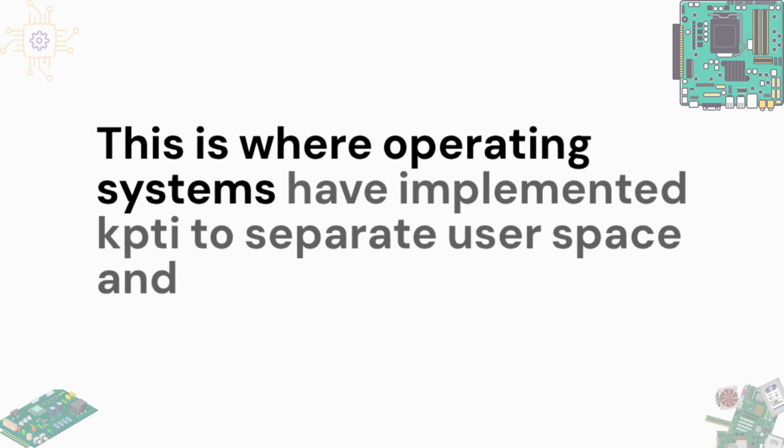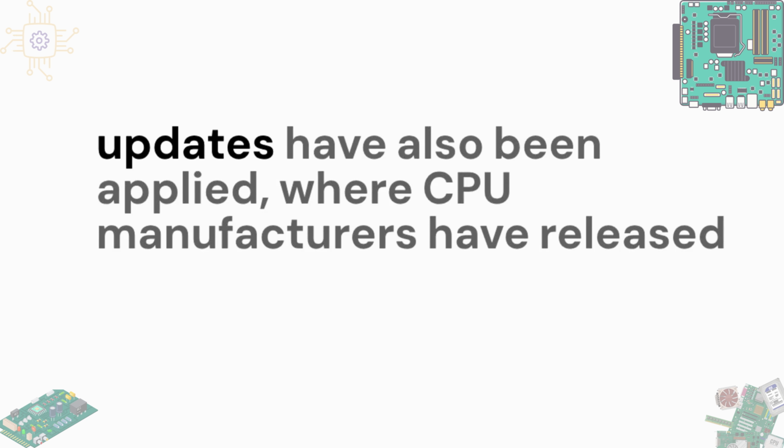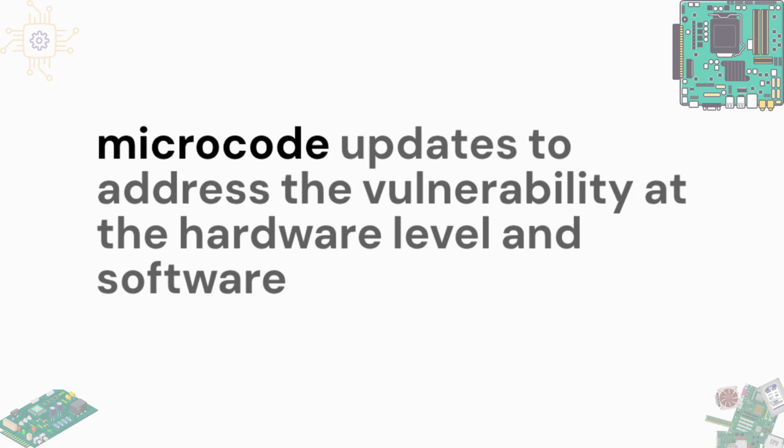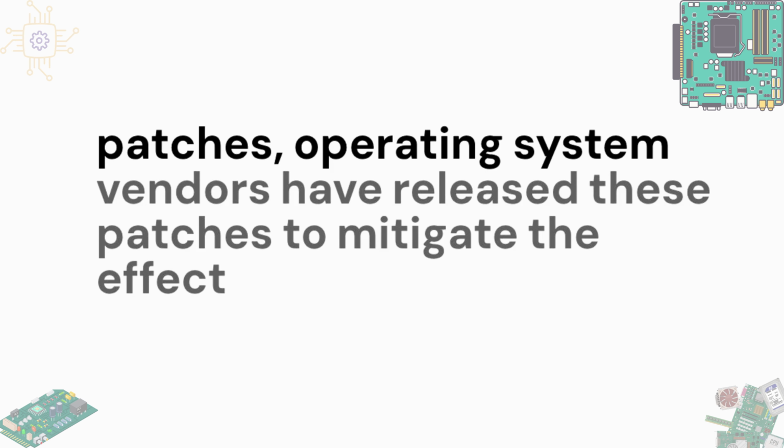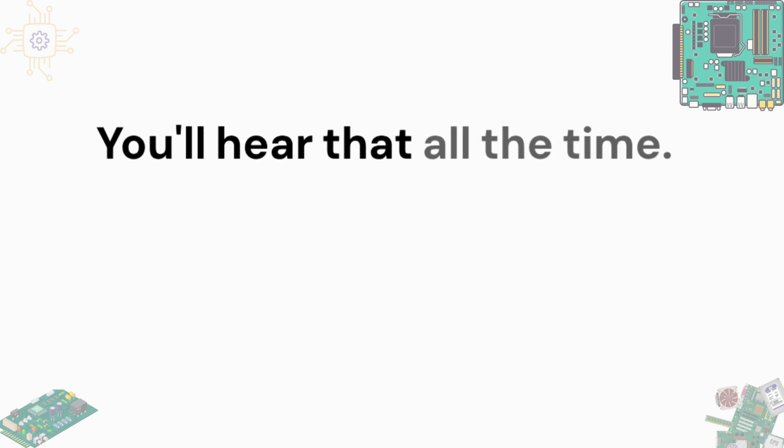This is where operating systems have implemented KPTI to separate user space and kernel space memory mappings, reducing that unauthorized access risk. And microcode updates have also been applied, where CPU manufacturers have released microcode updates to address the vulnerability at the hardware level. And software patches: operating system vendors have released these patches to mitigate the effect of Meltdown. Users are advised to keep their systems updated to ensure protection. You'll hear that all the time.